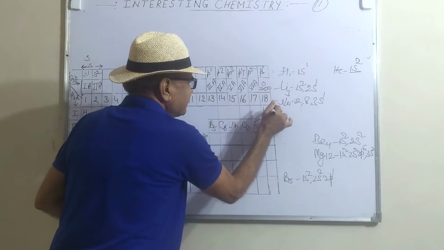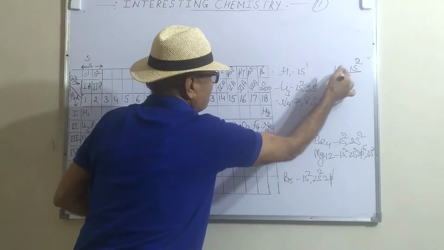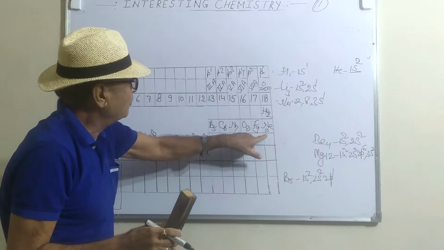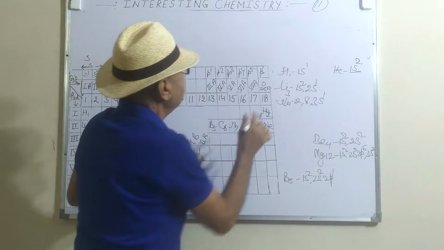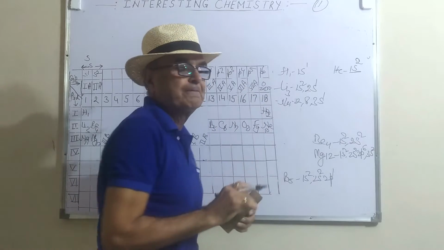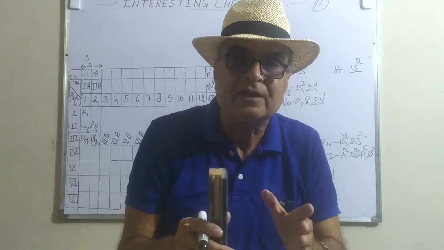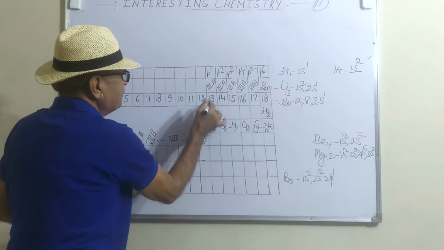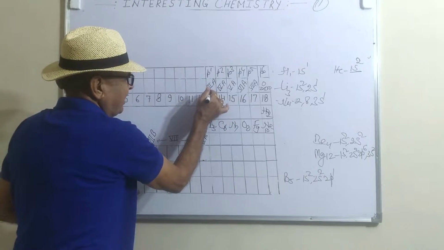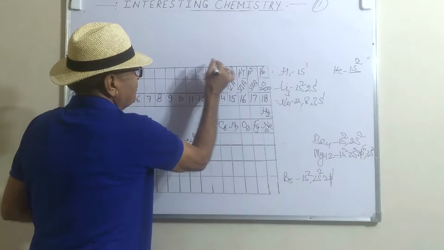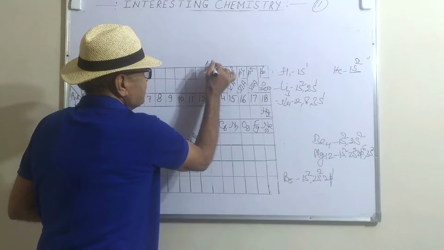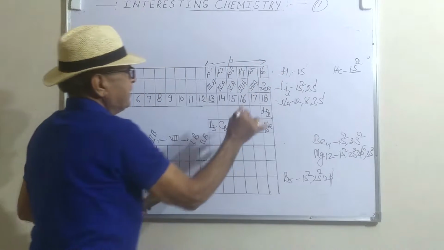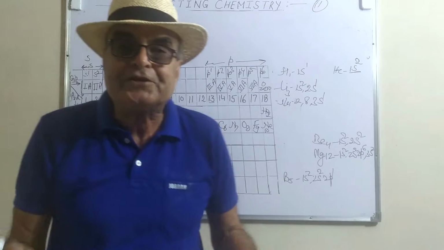Helium is accepted as s2, leave it, but neon 10 will be p6. So the filling of the p orbital starts from the 13th group, or third A, to 7th A to 0. So these elements will be called p type of elements.